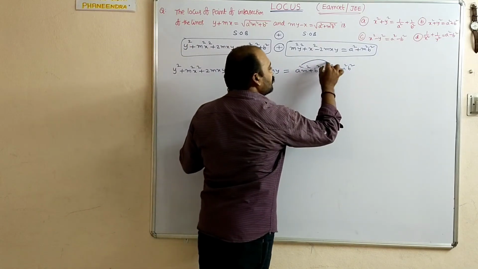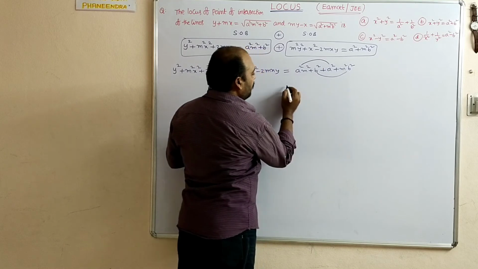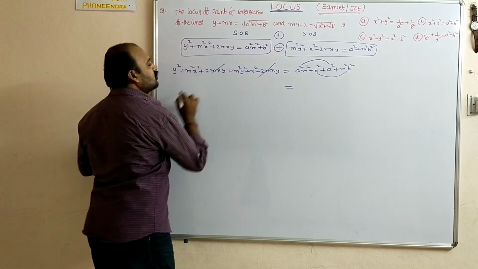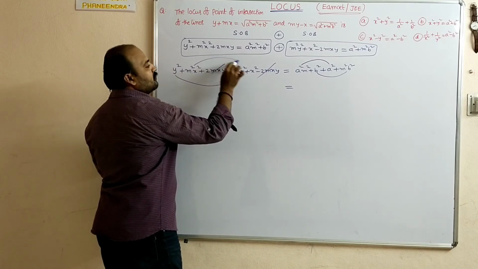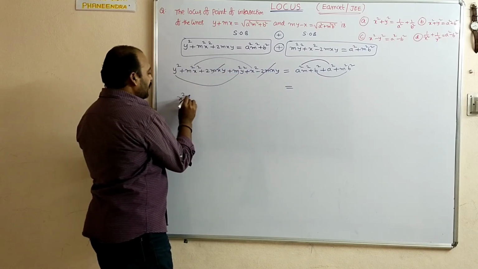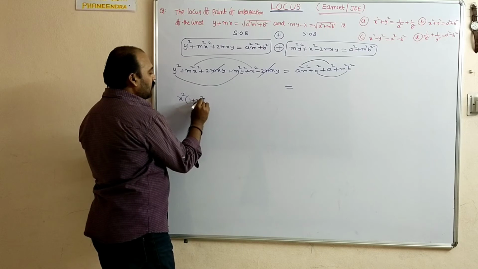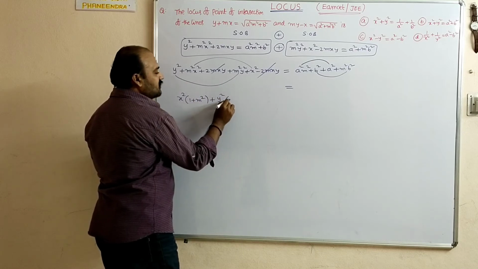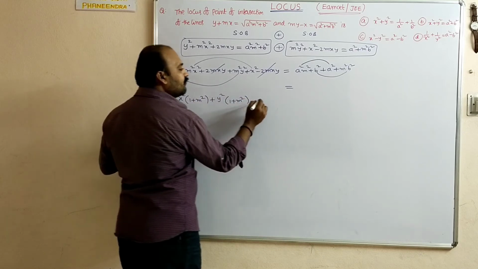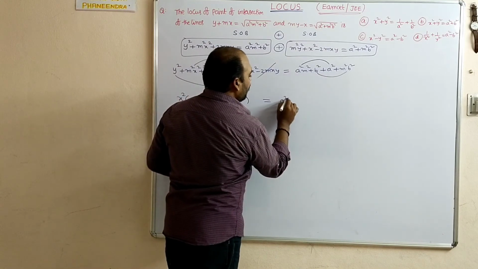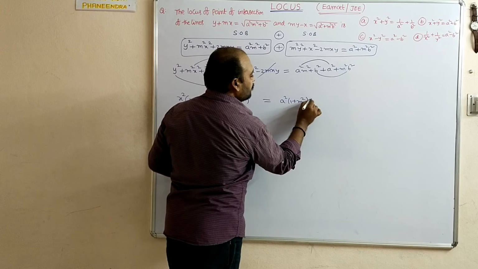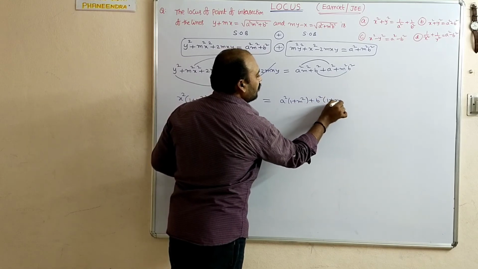From these two take a square common, from these two take b square common. Minus 2mxy plus 2mxy get cancelled. From these two take y square common, from these two take x square common. x square into (1 plus m square) plus y square into (1 plus m square) is equal to a square into (1 plus m square) plus b square into (1 plus m square).